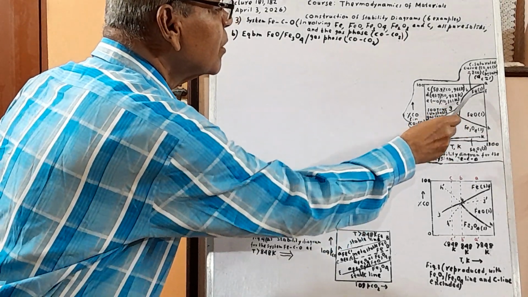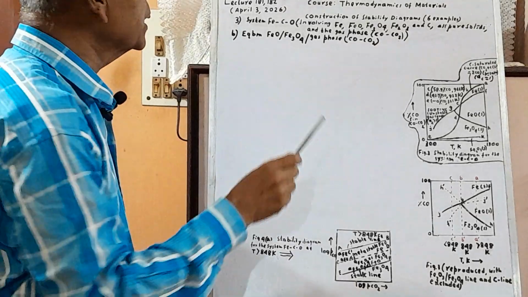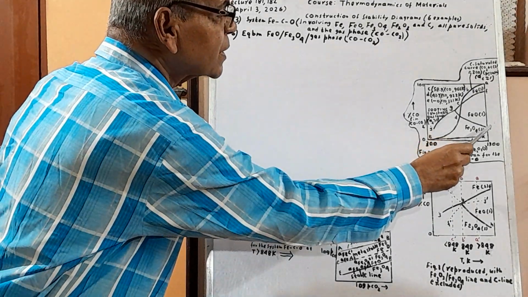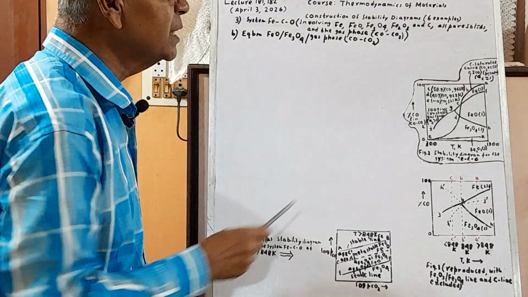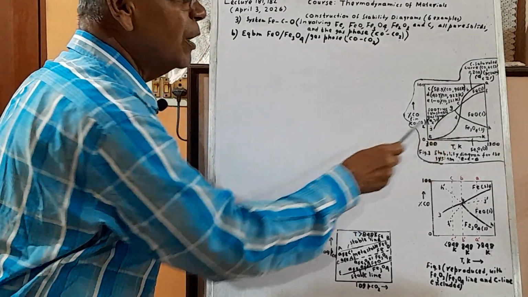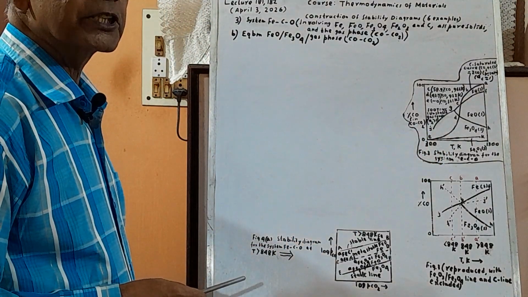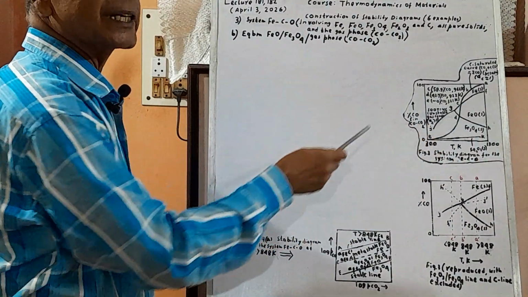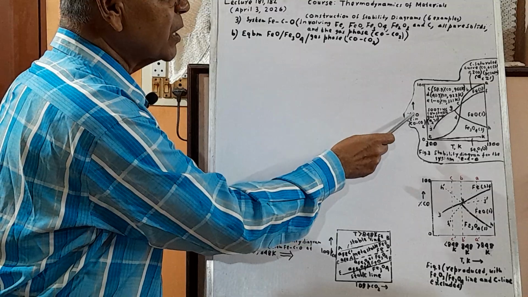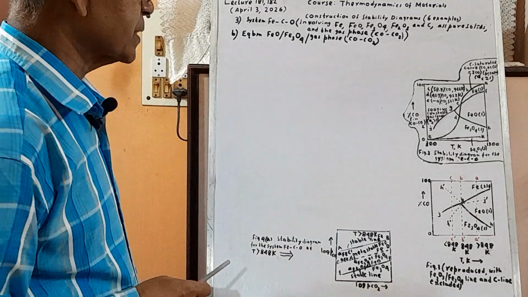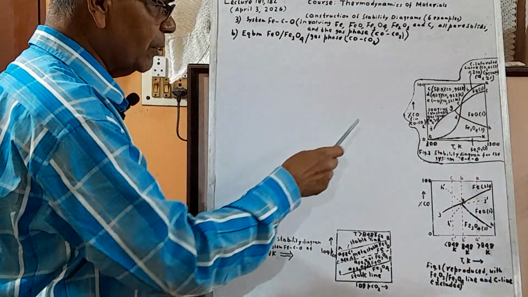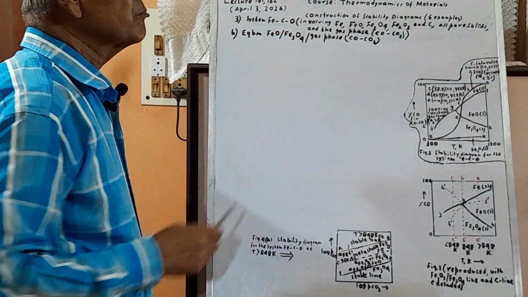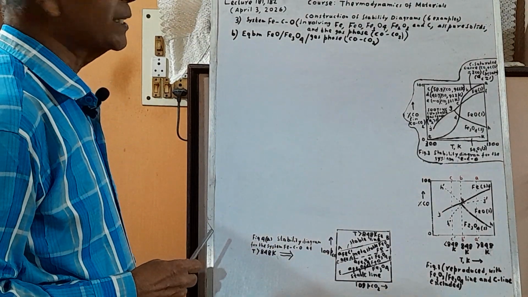Today we'll pick up the second one, that is this curve GDH, FeO and Fe3O4, and the gas phase. Gas phase is referred to on the y-axis, and T is the temperature on the x-axis. So this is the second case.